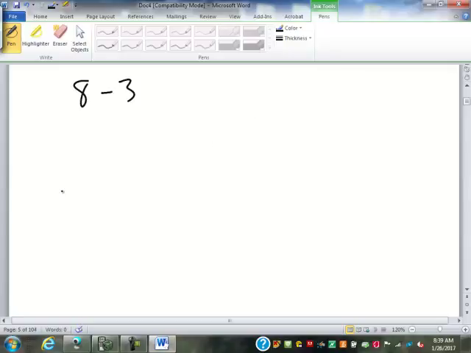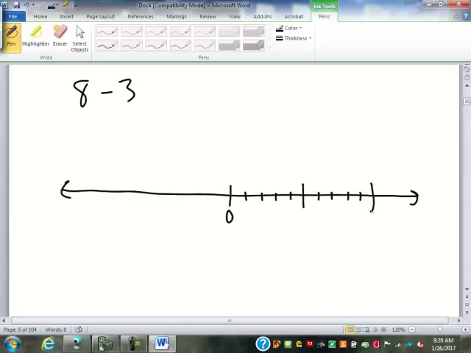So let's look at 8 minus 3 for a second. Subtraction. If I were going to represent 8 minus 3 here, start out at 0, draw the vector for 8, and then I would go from 8 back to 5, because I know that 8 minus 3 is 5, right?